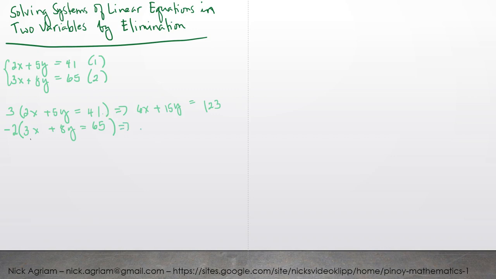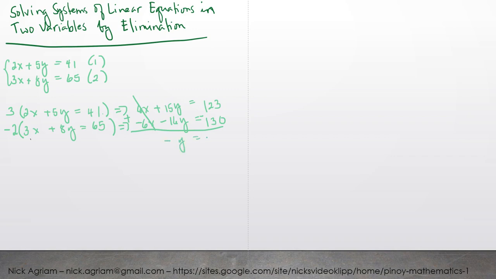And then the next equation will give us negative 6x minus 16y is equal to negative 130. So that if we add them, the x terms will become 0. Then we only have y to take care of.